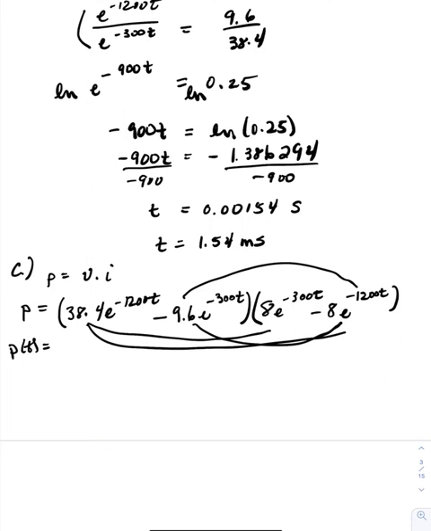Okay. So P of t is equal to 307.2 e to the minus 1200 plus 300, minus 9.6 times 8 is 76.8 e to the minus 300 plus 300.